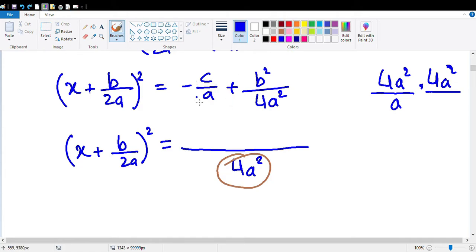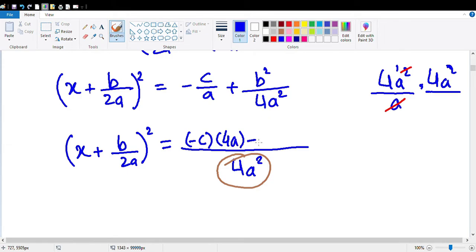And we have negative c, right? Whatever is going to multiply with it is going to be found by dividing this. Dividing 4a squared by a, we get a, and 1a from 4a squared crosses, and you get a to the first power, which is 4a, right?